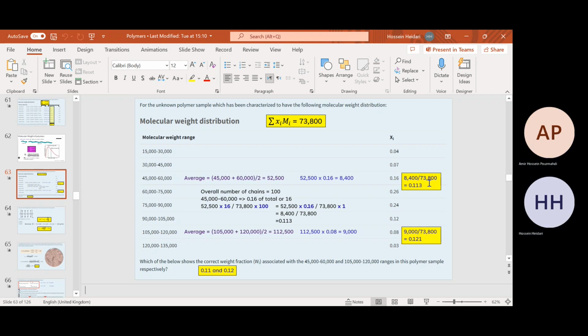Okay. And then what do you put up there in this division? So down there you have 1,000 times 73,800, and you divide something by this. That's the weight of the subpopulation that you want to divide by this, right? So how much is that weight? It's going to be the average for that subpopulation times the number of molecules in that subpopulation, right? Now, what's the average? It's going to be 52,500.